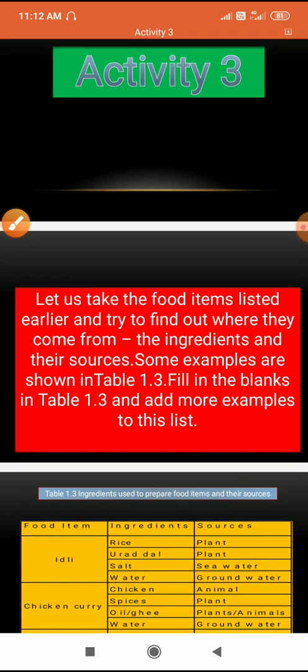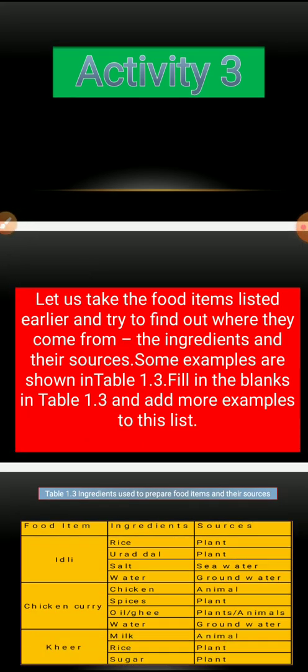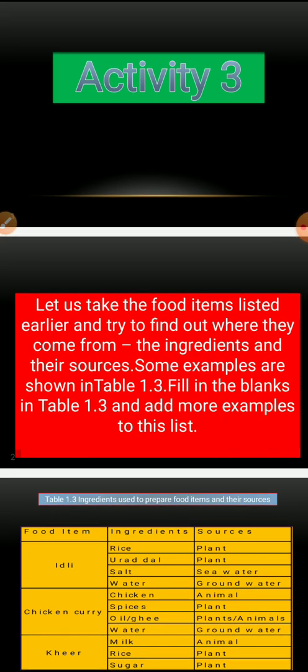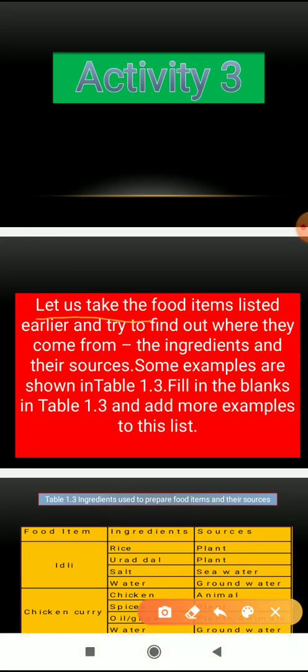Let us take the food items listed earlier and try to find out where they come from, the ingredients and their sources.